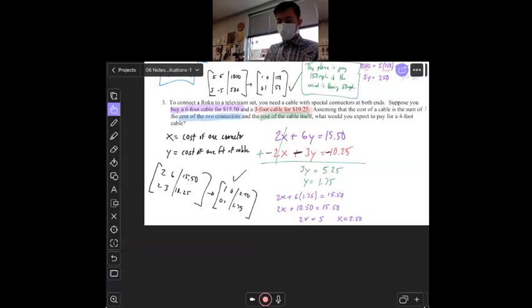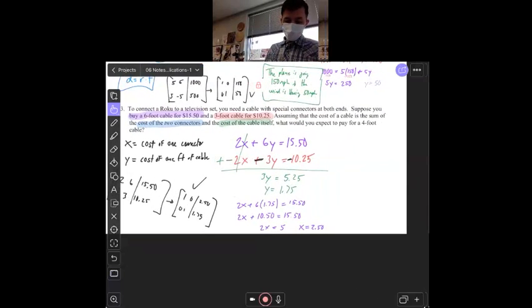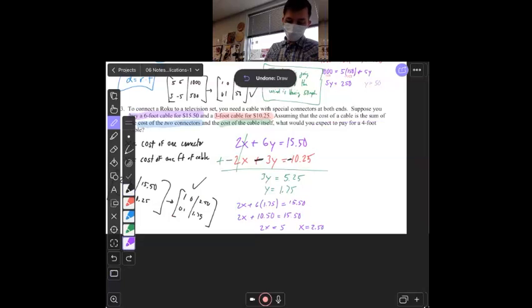So the question here is a little bit different, right? They're asking us how much is a 4-foot cable. It's not just how much are the connectors. So what would we expect to pay for a 4-foot cable? Make sure you're answering the question. So a 4-foot cable would be 2 connectors, so 2 times 250, plus 4 feet of cable, so 4 times 175.